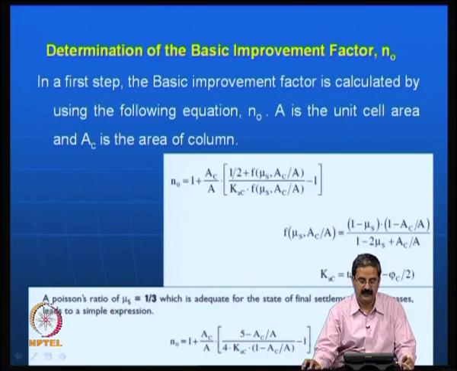And basically we have one term called the basic improvement factor, which we call n naught. In the first step the basic improvement factor is calculated by using the following equation: A is the unit cell area and AC is the area of the column.